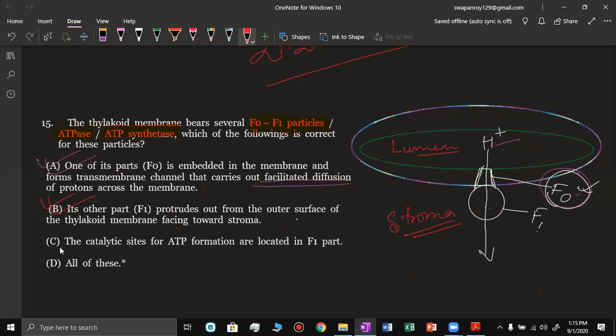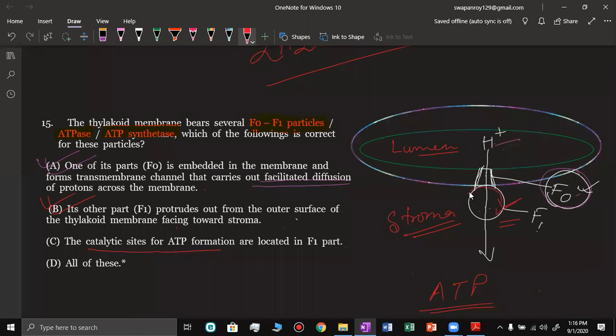The third one: the catalytic sites for ATP formation are located in the F1 part. The catalytic site is the portion of the protein which catalyzes the synthesis of ATP. That is the enzymatic portion, the F1 particle.